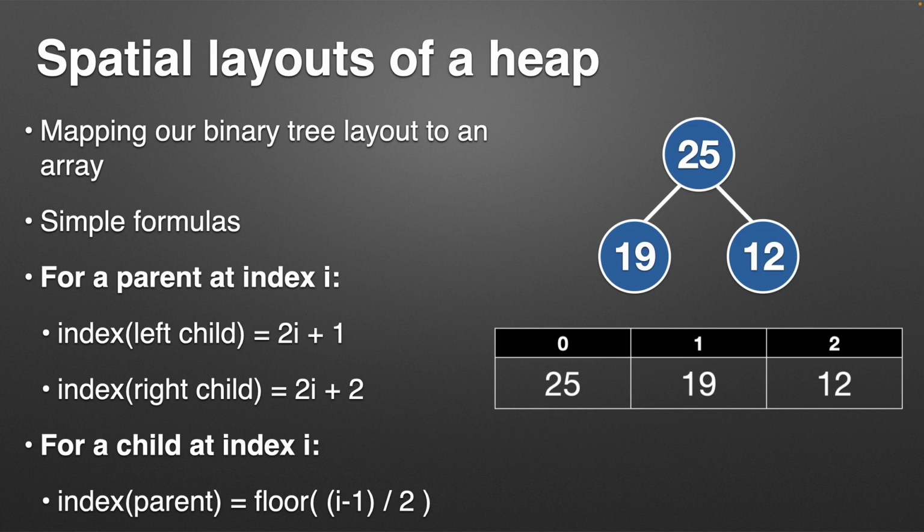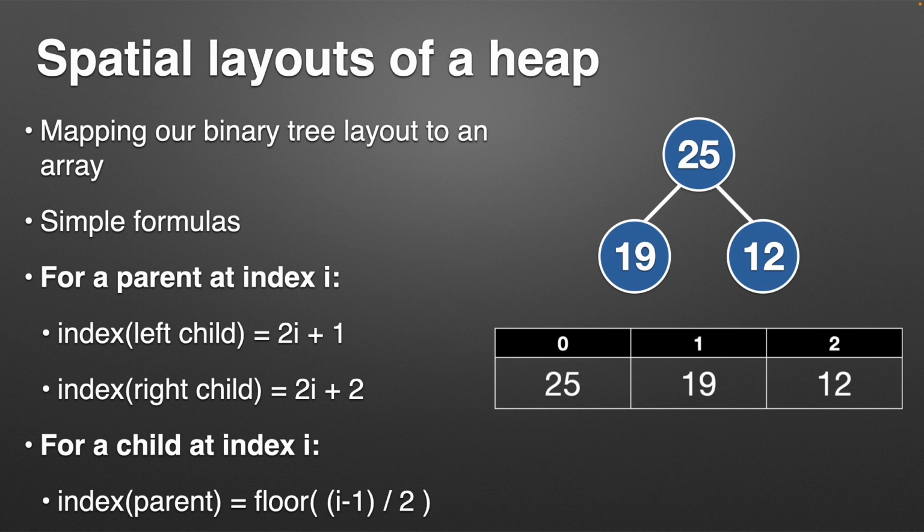The right child is just 2i plus 2. And if you are at a child and you want to find its parent, all you have to do is take the index of the child minus 1, divide that by 2, and always round it down, no matter what. And that will give you the index.